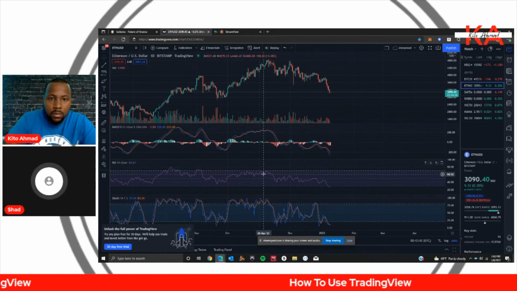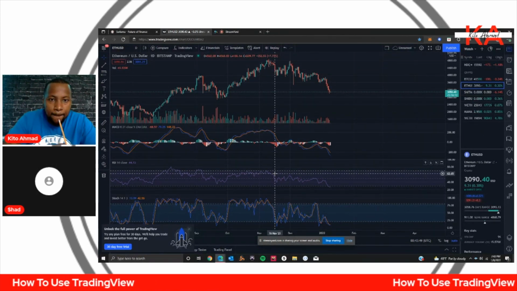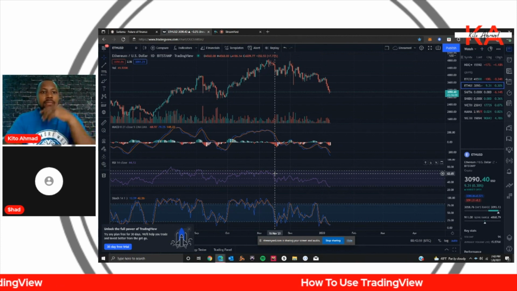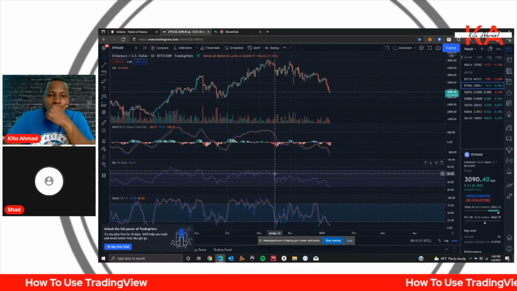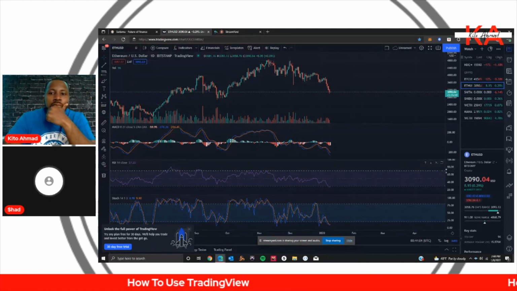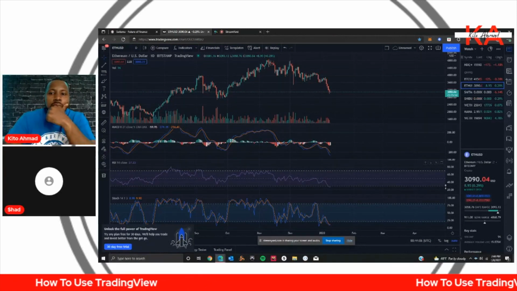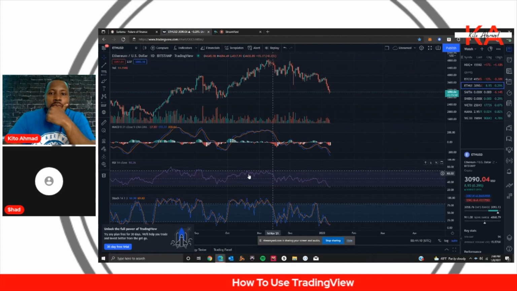What the relative strength index does for you, nothing's for sure, but it can indicate whether a stock or cryptocurrency is oversold or overbought. Typically, those markers are at 70% or 30%. And that's what this purple space is, right?